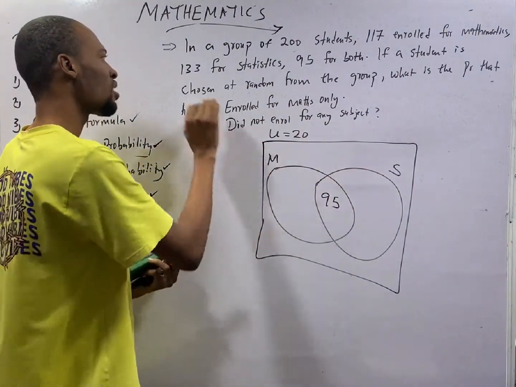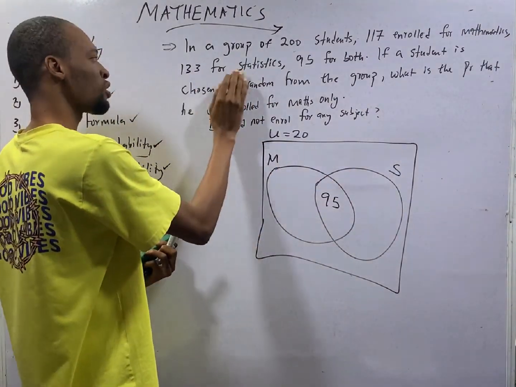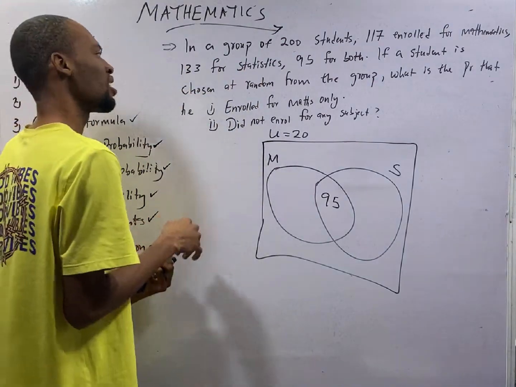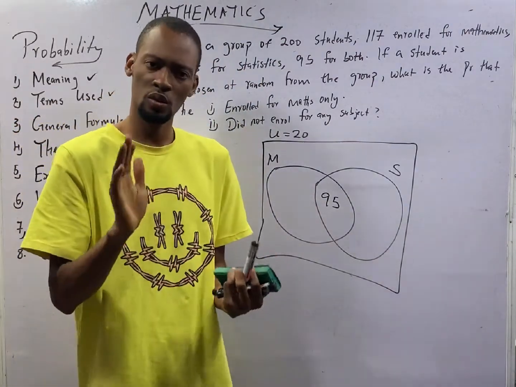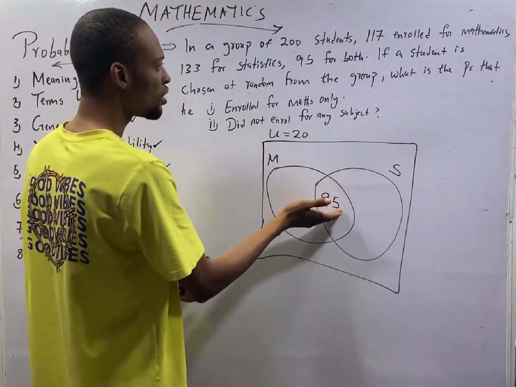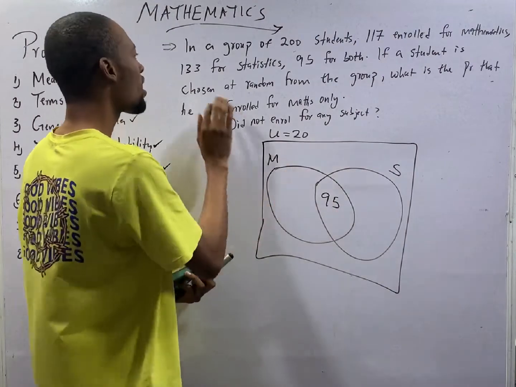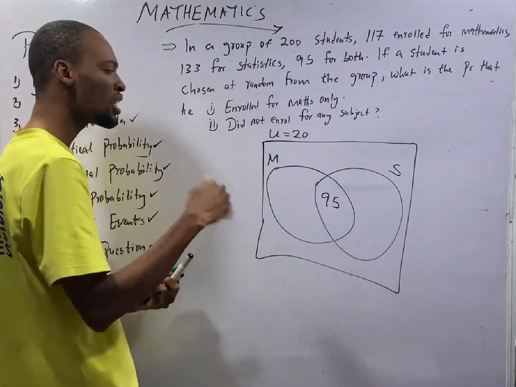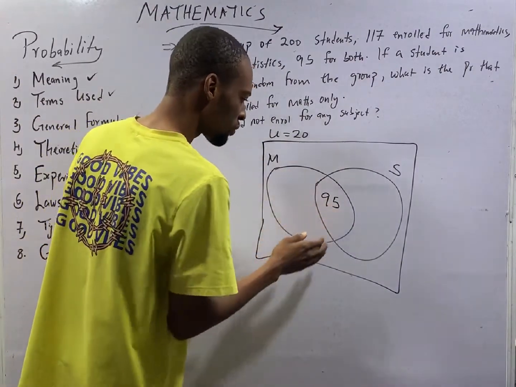And they said that 133 for statistics. They did not say 133 enrolled for statistics only, which also implies that out of the 133 that enrolled for statistics, some of them also enrolled for both.